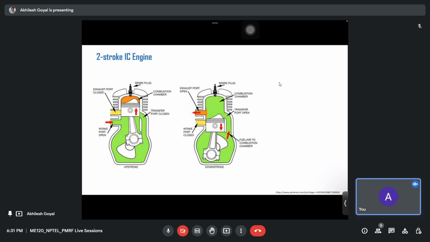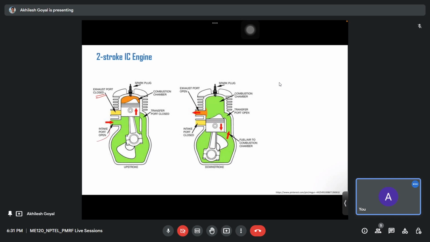These two figures show the two strokes of the two stroke engine. So in the first stroke, when the piston moves in the upward direction, this exhaust port is closed, but this intake port opens.